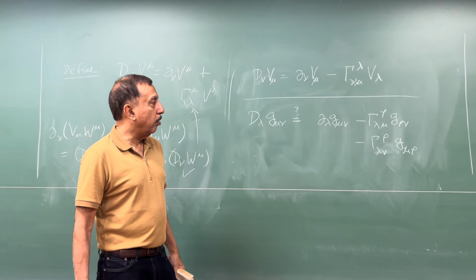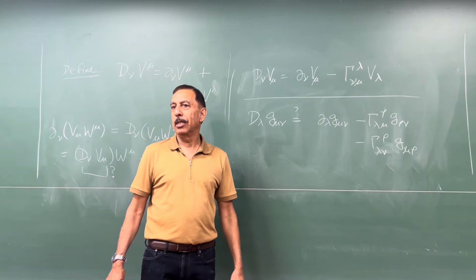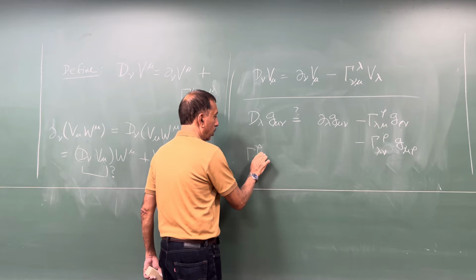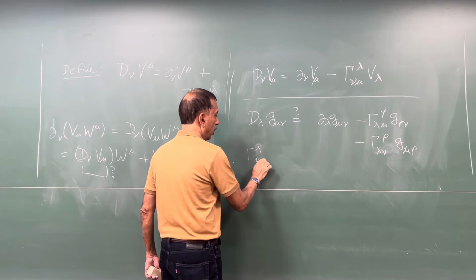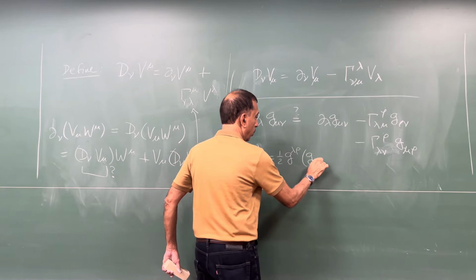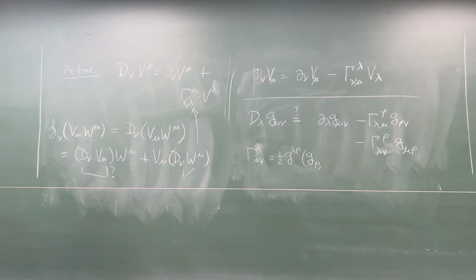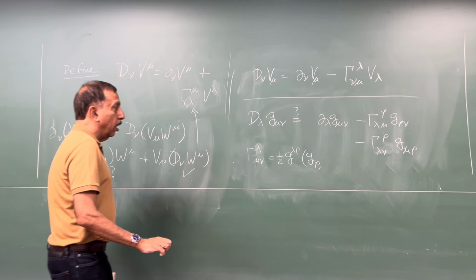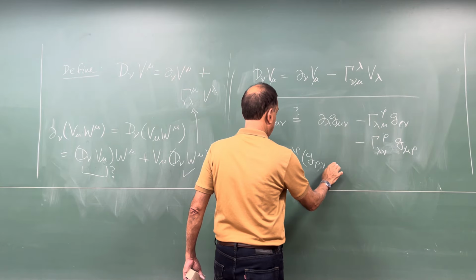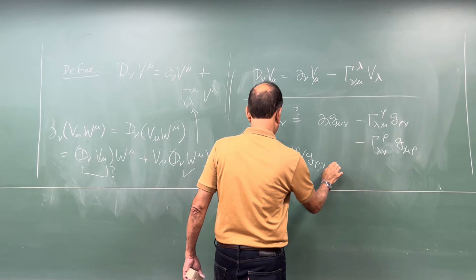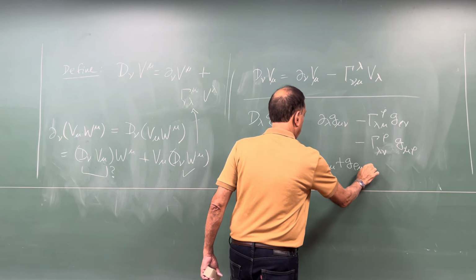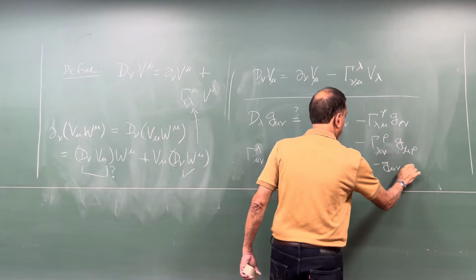Now, do you remember how gamma was defined? Okay, so let me remind you in case you have forgotten. Gamma lambda mu nu is half g lambda rho, times the derivative of g rho mu with respect to nu, plus g rho nu derivative with respect to mu, minus the derivative of g mu nu with respect to rho.